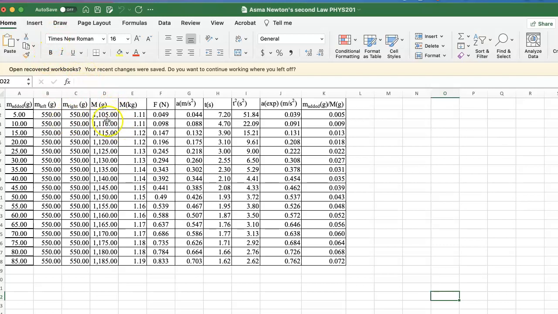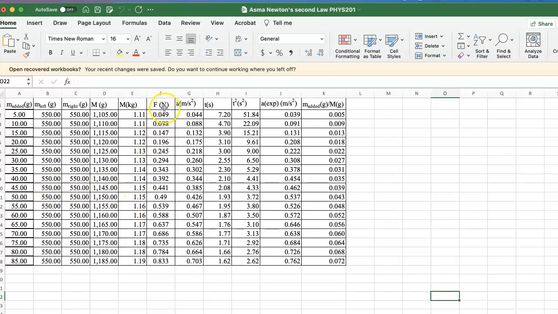M here is going to be the total of these 3 masses, so you're going to add 5 plus 550 plus 550. Now, this is my conversion. I converted my numbers into kilograms, because when I deal with newtons, I should have that in kilograms. I want you to keep 2 decimals here, and also here.